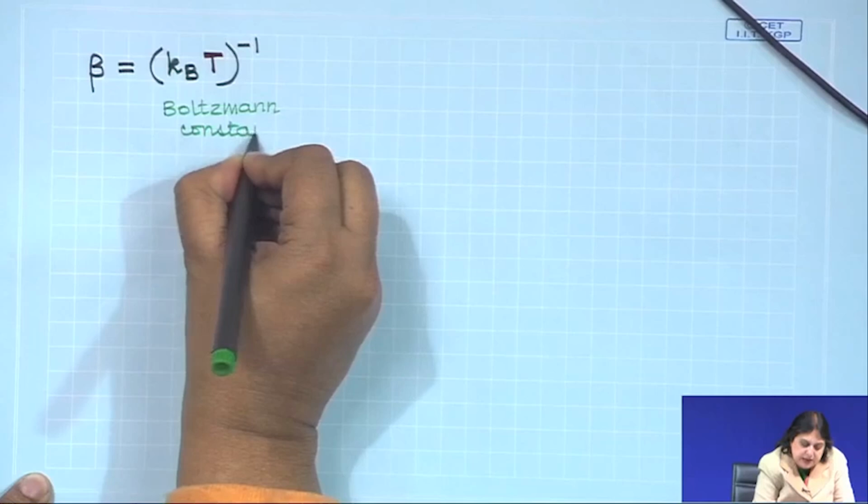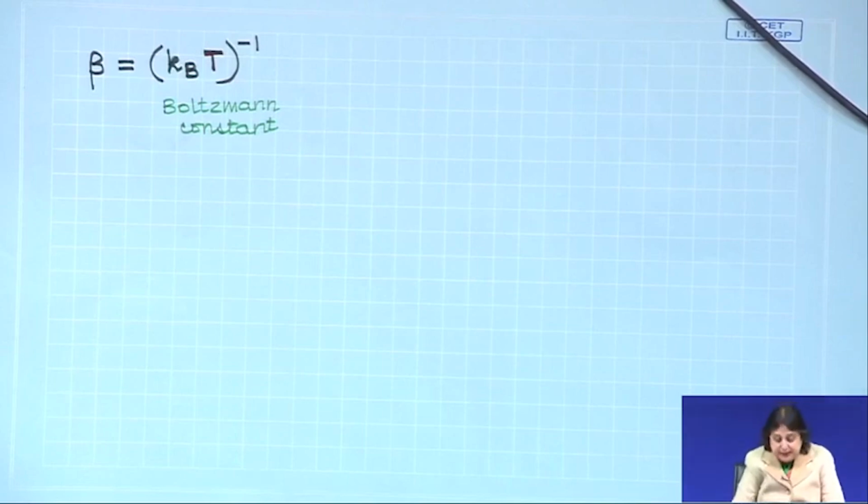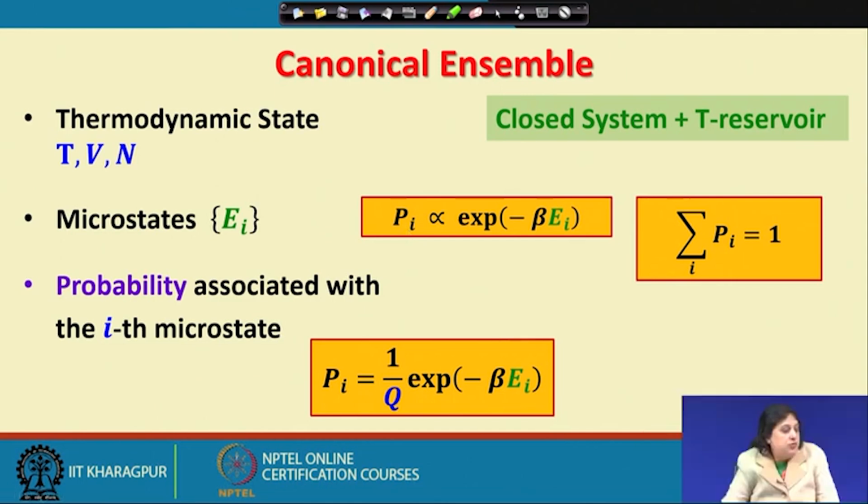And so, k_B T together give us an idea about the thermal energy available at a temperature T. Then beta is the inverse of this thermal energy. Now, if I look back, then I find that the probability associated with the ith microscopic state is exponential of minus beta E_i, where E_i is the ith energy eigenstate obtained for this particular system.